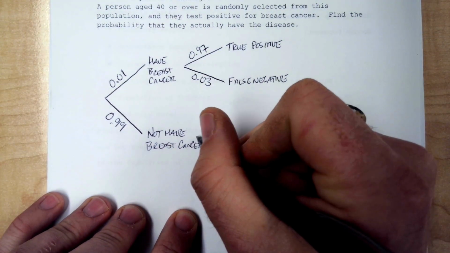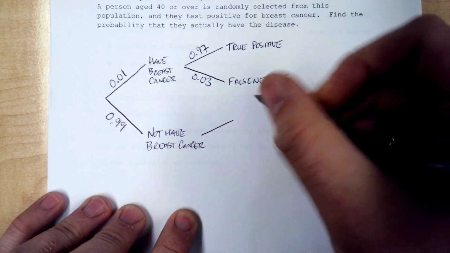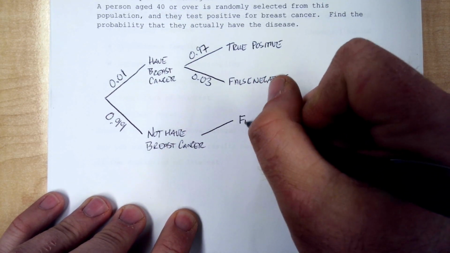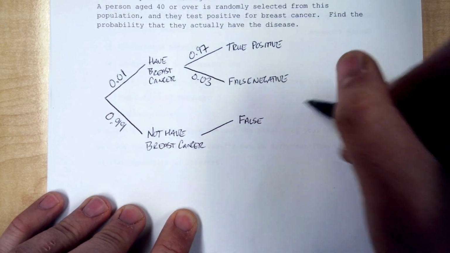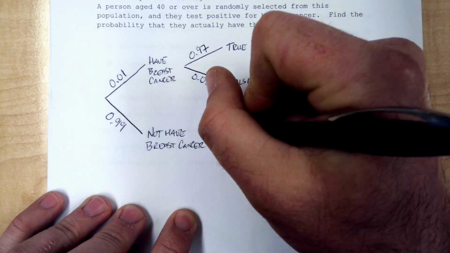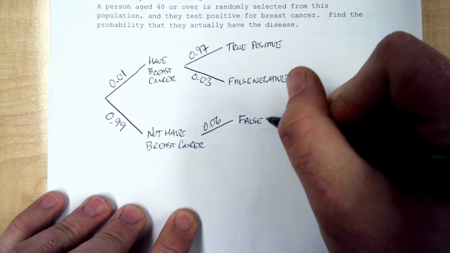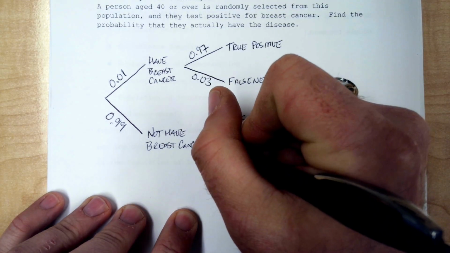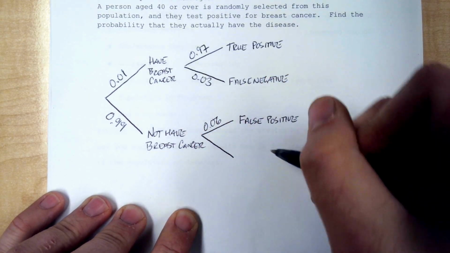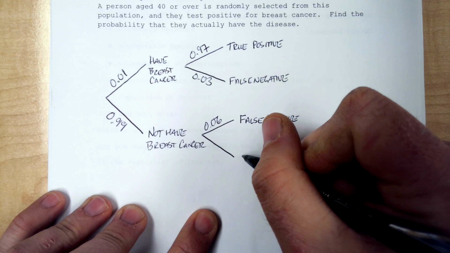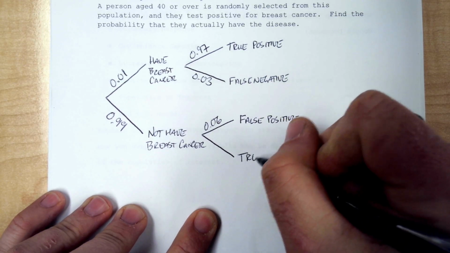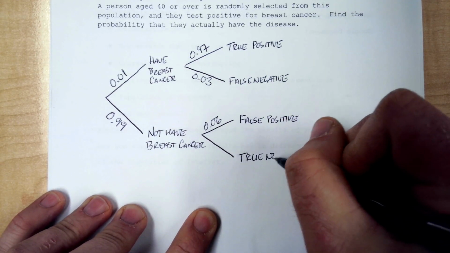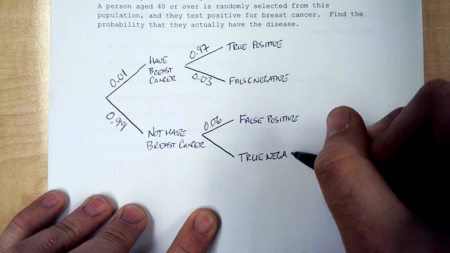And then of the people that don't have breast cancer, they could have a false positive, which would be the 6%. And then a true negative would be the other 94%.